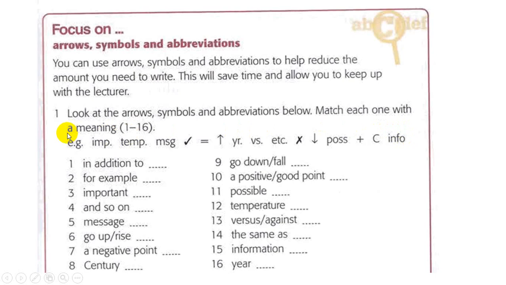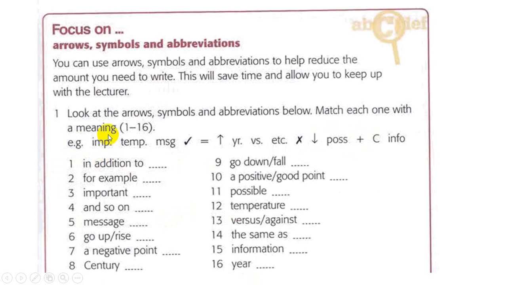Okay, from 1 to 16, we can just write one of these symbols in order to refer to one of these phrases. So check the symbols in front of you and try to match them with the phrases from 1 to 16. In addition to, we can use plus. For example, we can use adj.